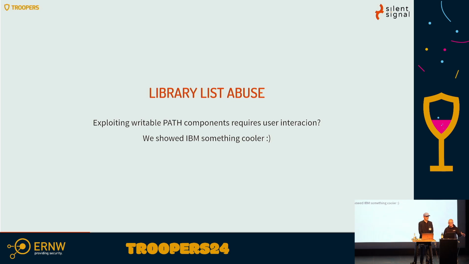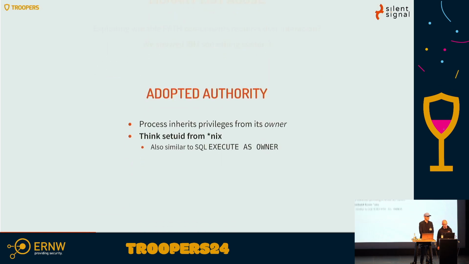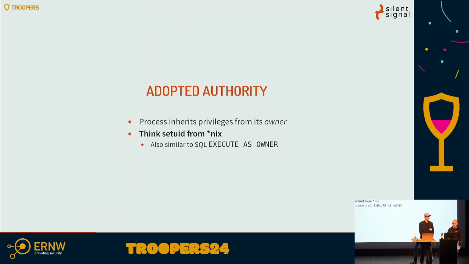To perform privilege escalation without user interaction, we needed to add another ingredient, which is called adopted authority. Adopted authority is basically set UID for IBM i. It is a property you can set on program objects that makes the program inherit the privileges of its owner instead of the invoker of the program, just like set UID.